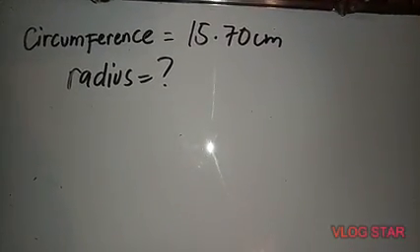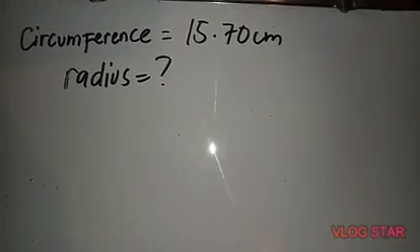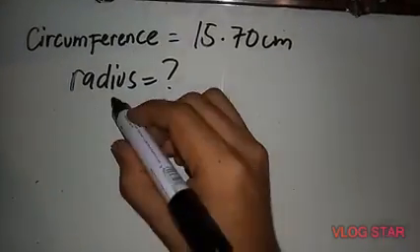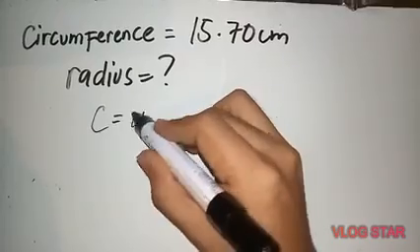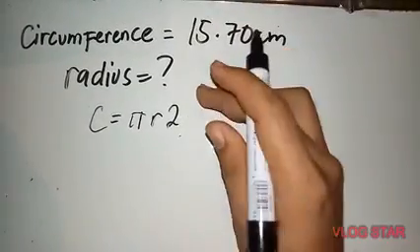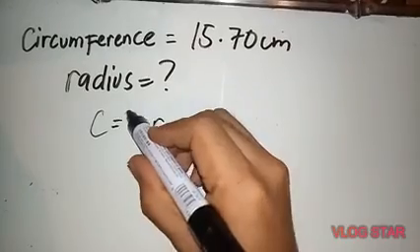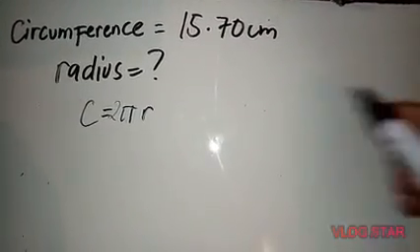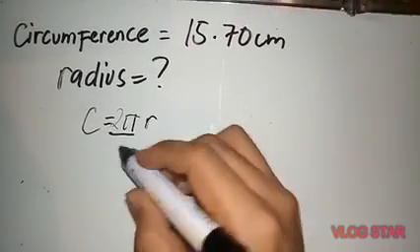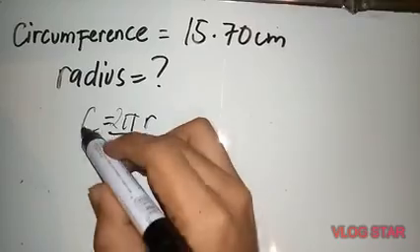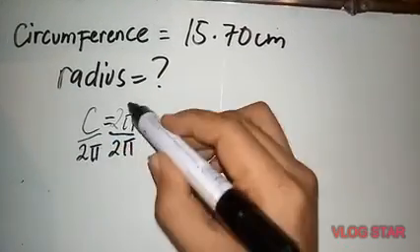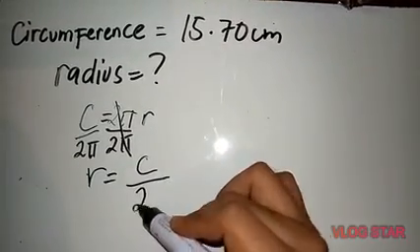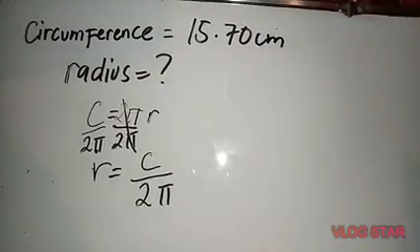The next problem is, given the circumference, we will find the value of the radius. Since the formula is C equals 2 pi r, how can we get the value of the radius? Simply divide both sides by 2 pi, then the radius is equal to the circumference divided by 2 pi.